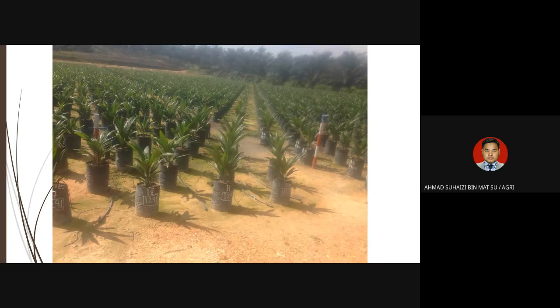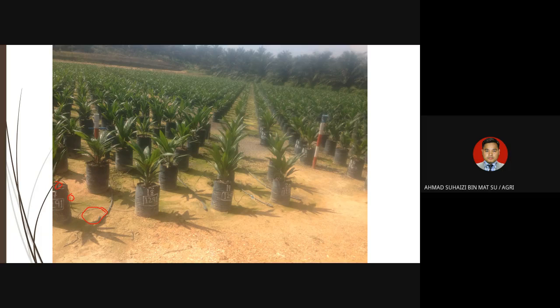Alternatively, if you want to avoid using sprinklers, you can use drip irrigation. Sorry, the pictures are a bit blurry, but at least they give you some idea. You can see this is similar to what you can find in the fertigation system, with a smaller tube using a drip pen.